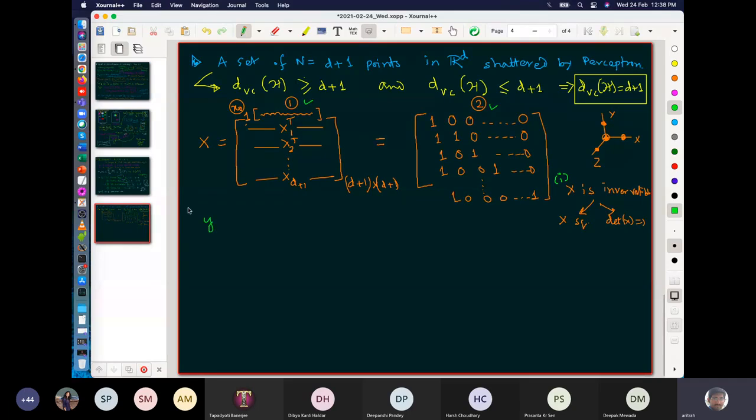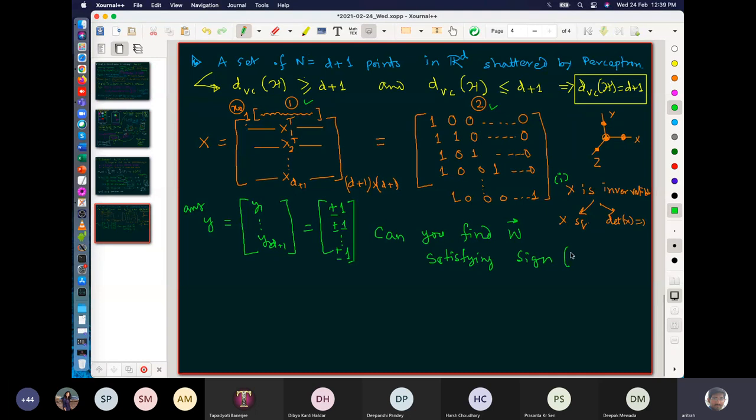That means for any y I choose, y1 up to y D plus 1, any of them could be plus or minus 1, can you find a vector w satisfying sign of xw equal to y?